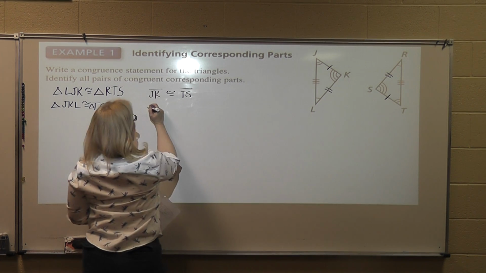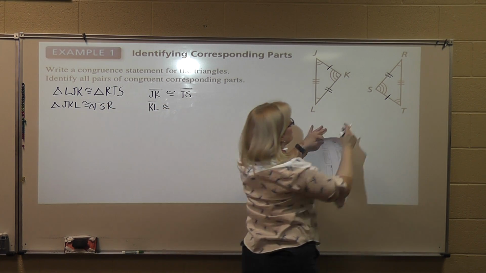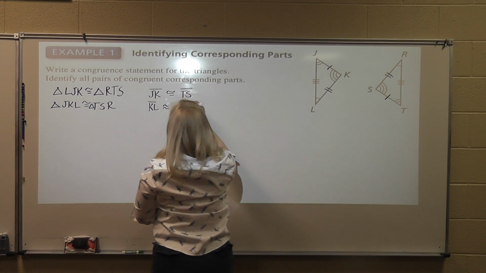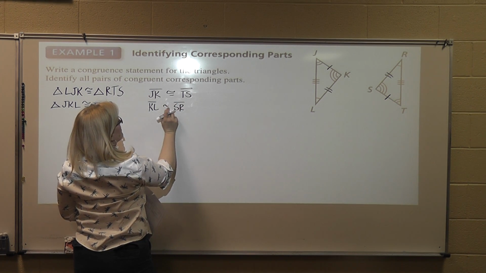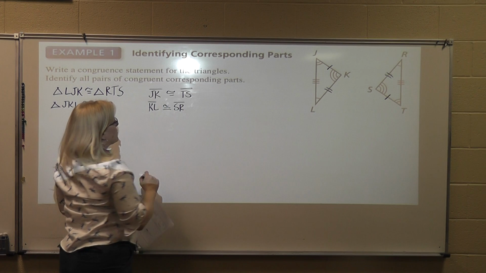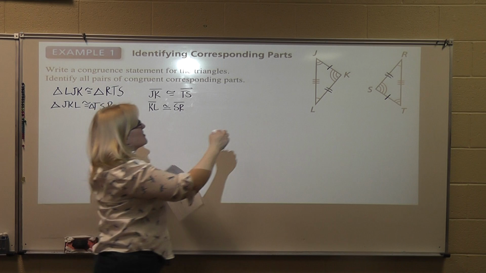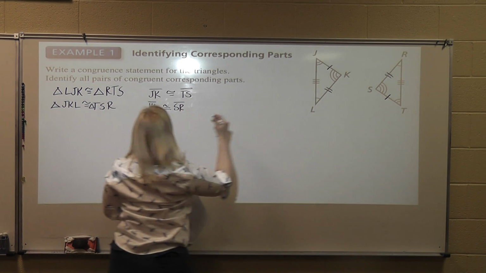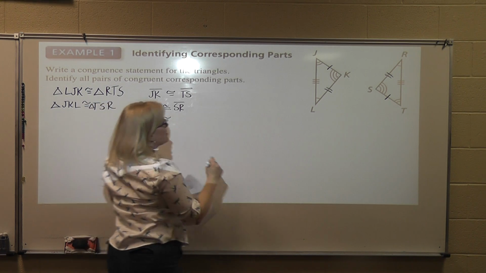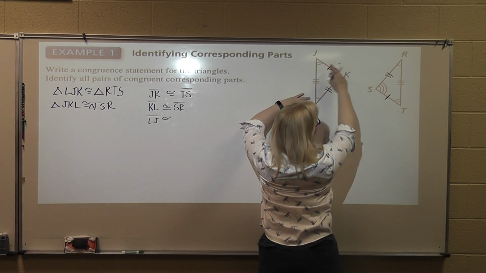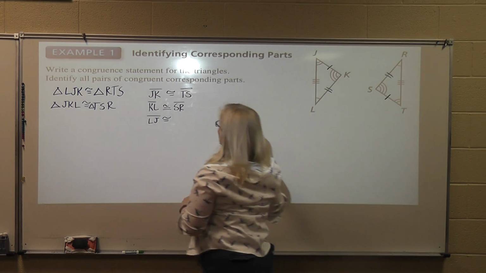So we've got KL is congruent to SR. Lastly we have LJ. And LJ goes from 1 to 2. So we've got 1 to 2, so that would be RT.